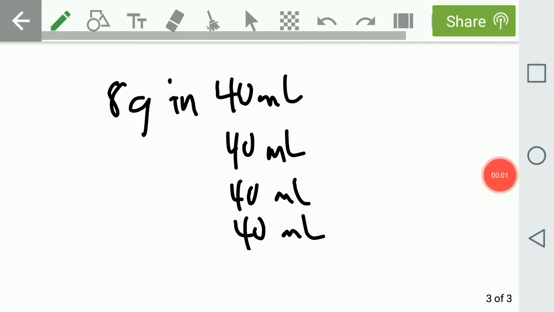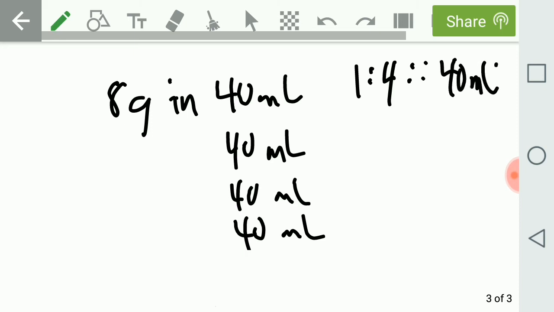Another way of solving this would be to use a proportion as follows. 1 is to 4 as 40 milliliters is to X milliliters. When you set that up as an equation, you get 1/4 equal 40 over X.